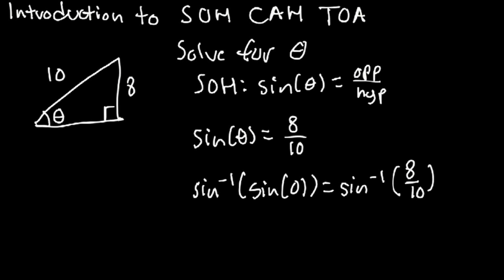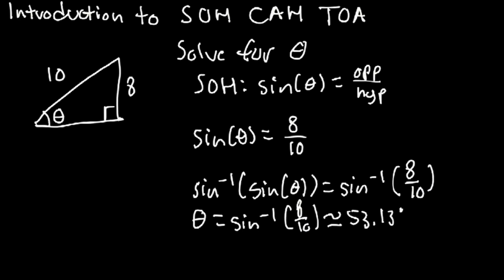Now the sines cancel out on the left side, so it's left with theta equals inverse sine of 8 over 10, which is 53.13 degrees approximately. Make sure your calculator is in degrees and not radians. We will go over radians later. I'm also rounding to 2 decimals at the moment, but you can round to whatever you wish.